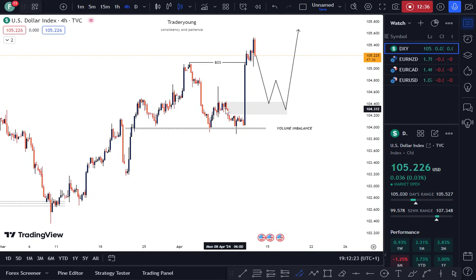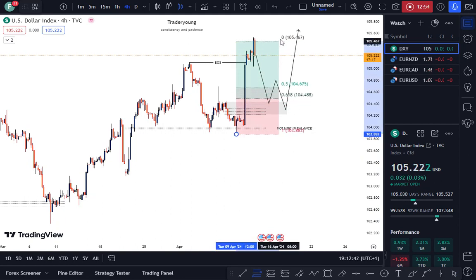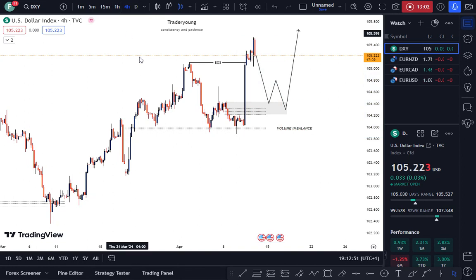There's a fair value gap here that was covered, you can see. So it's going to serve as my BPR if price comes back into this. Just as you can see, we still have it at our discount zone. So that's our target for price to come back here for DXY.